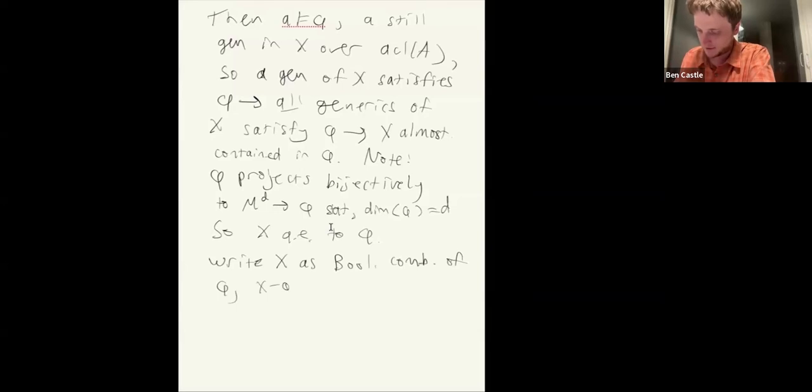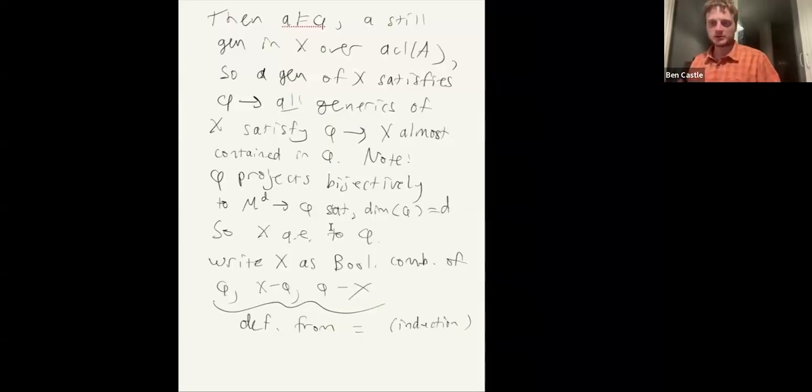So X minus phi and phi minus X. So this is just the set of elements of X that are not satisfying phi, and the set of solutions of phi that are not in X. And all of these are definable from equality. Why? Well, for phi, it's because it's very literally just a formula using only equality. For the other two, it's by induction. So they have smaller dimension, because X is almost equal to the solution set of phi, the differences are smaller. Okay, and then so is X.